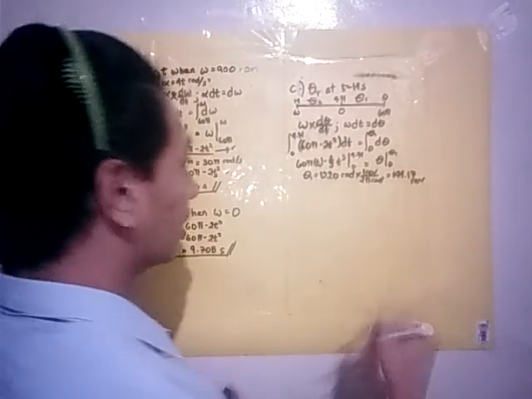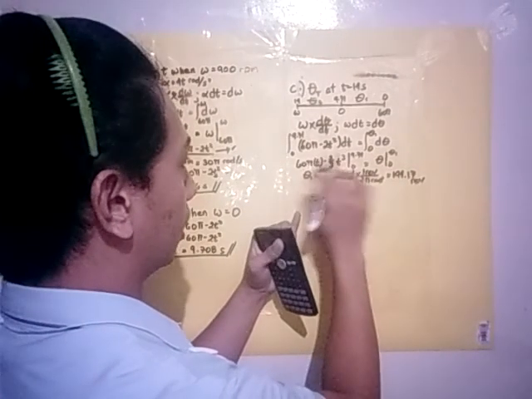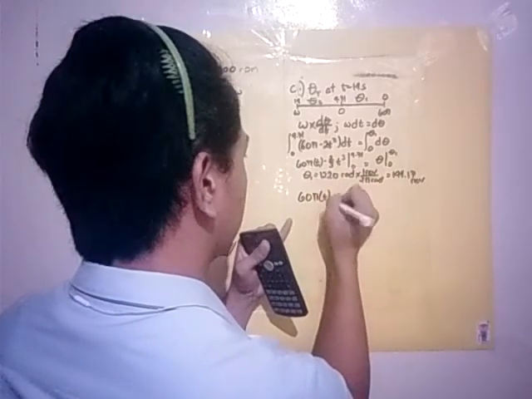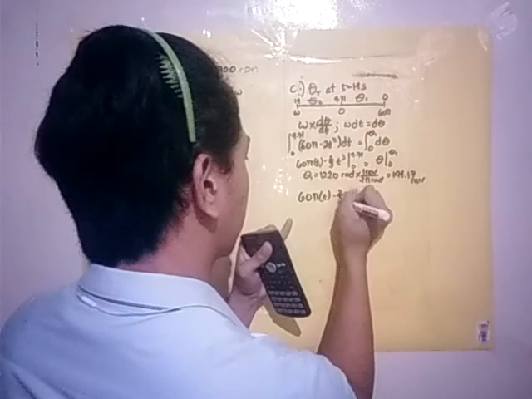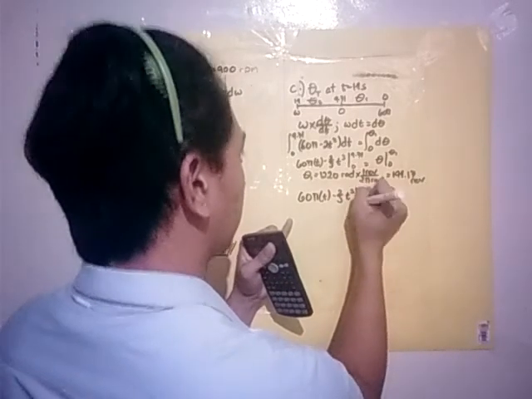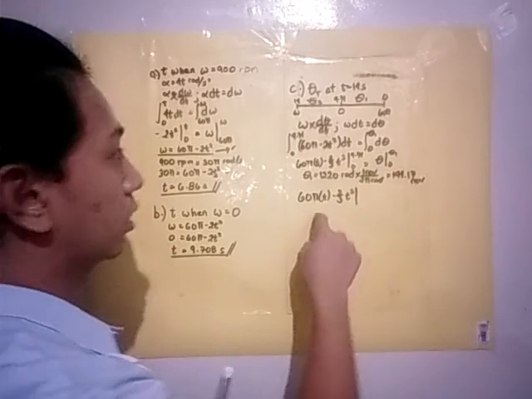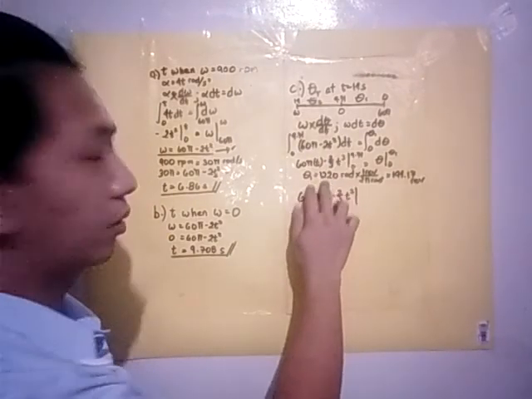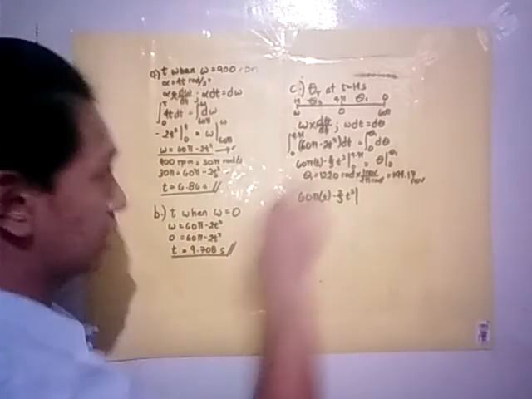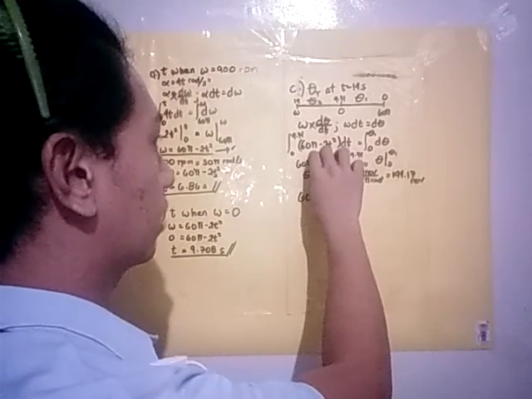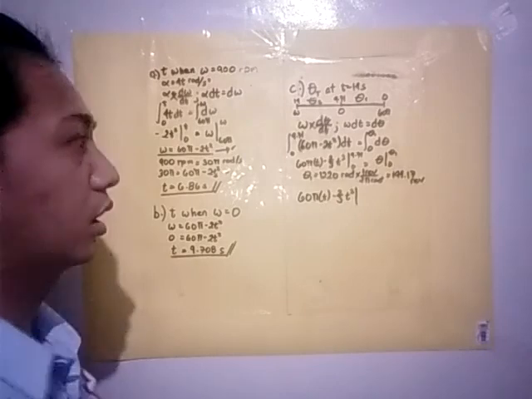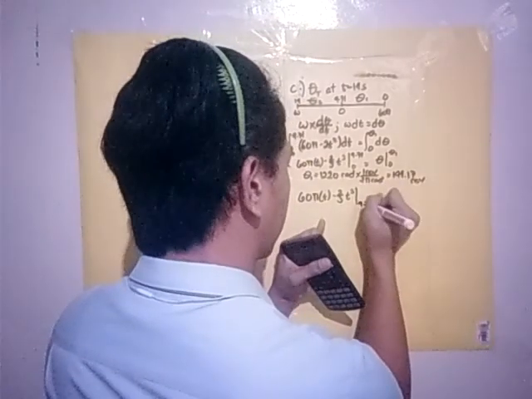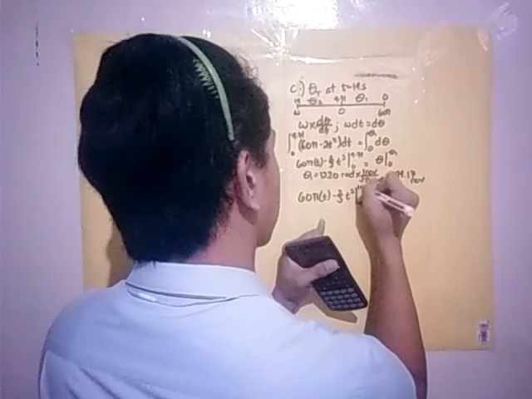So I rewrite this: 65t minus 2 over 3 t cubed, because this is where we will end up anyway. It is the same equation that we will use, only with different limits. So our limits here are 9.71 to 14 seconds.